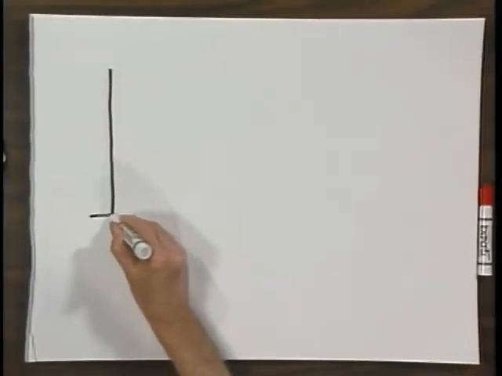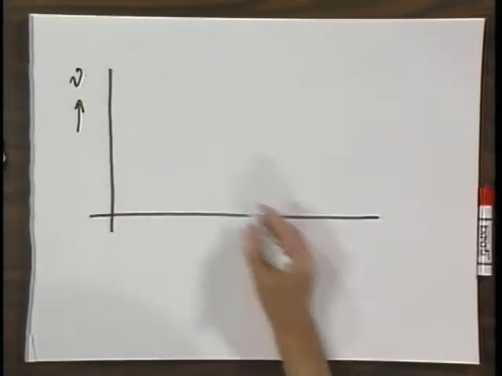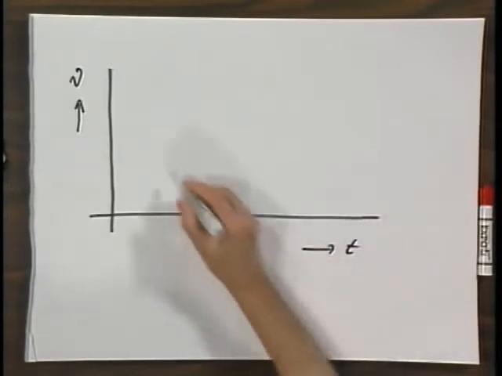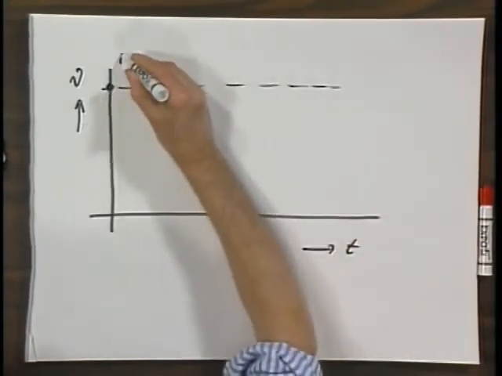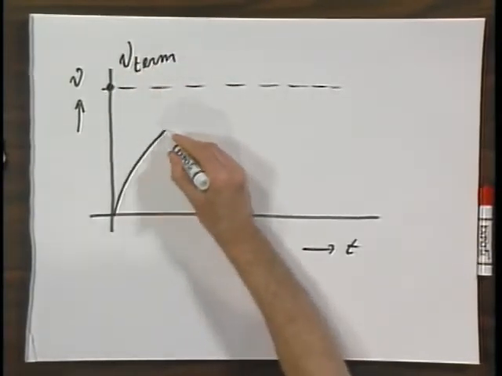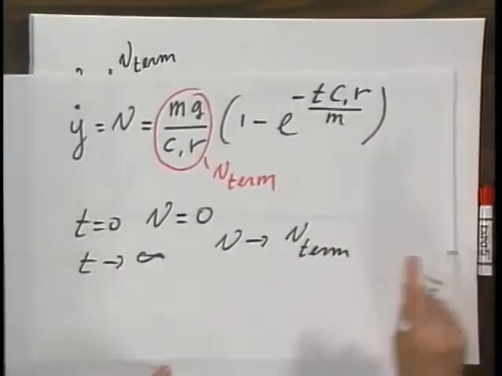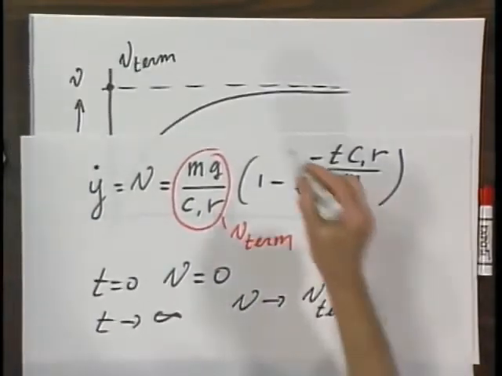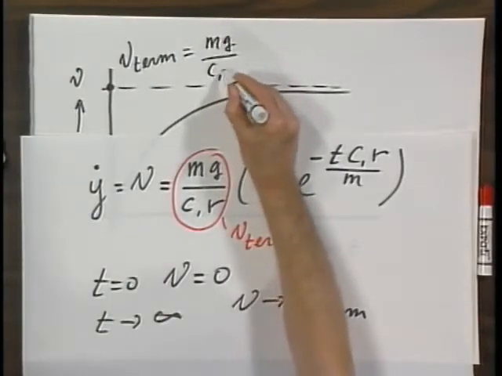So if we make a plot of the velocity versus time, and if this is the value of the terminal velocity, then this curve has this form. The terminal velocity here equals mg divided by C1 r.